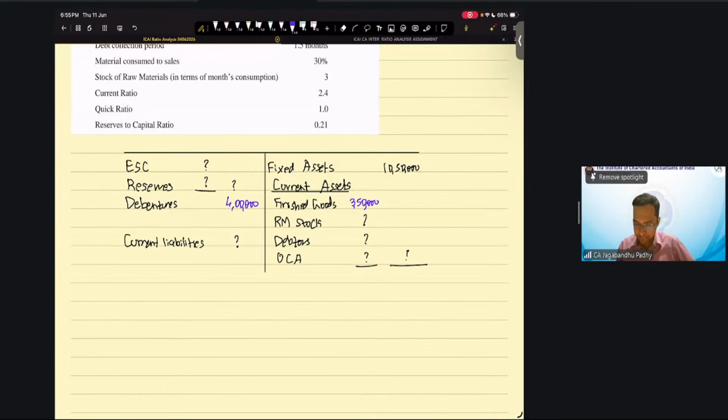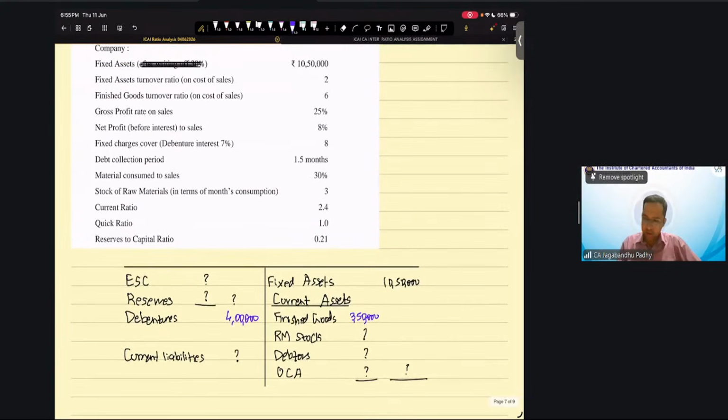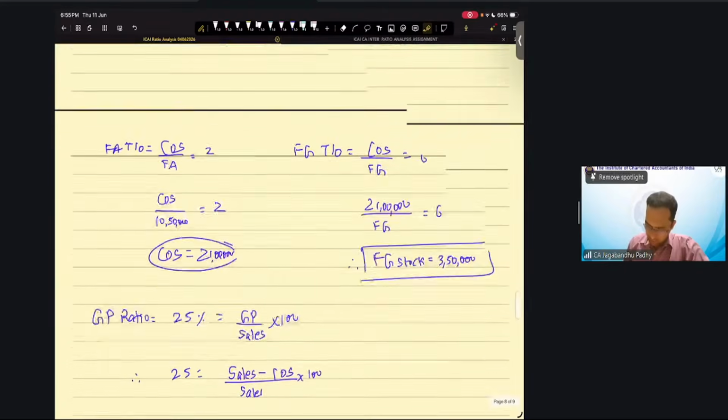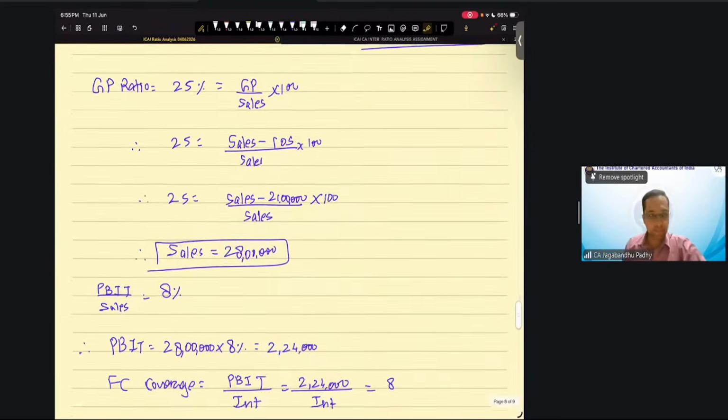Perfect. Great. Let's start using the other ratio items now. We used the fixed charges coverage. It is done. Now we have to look at the debtors collection period, which is 1.5 months. And we have computed the sales value, everyone.